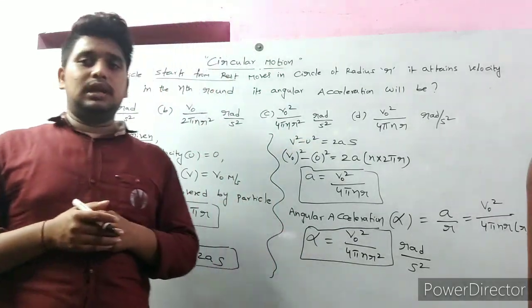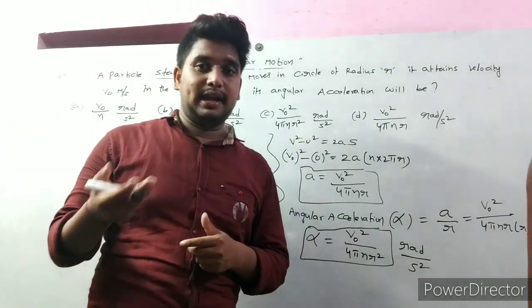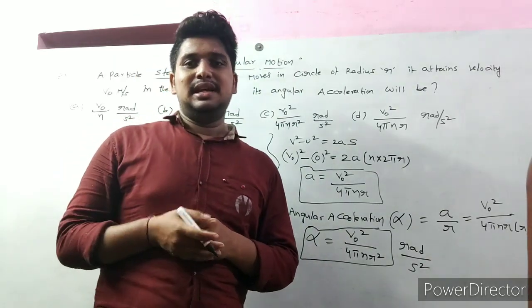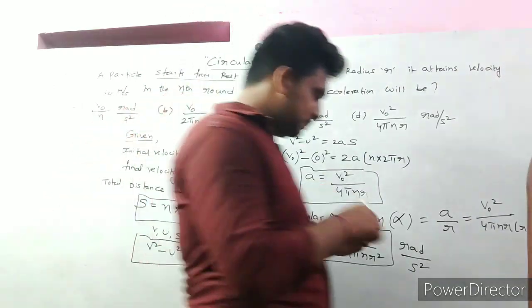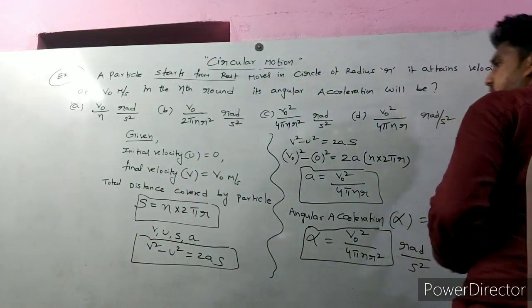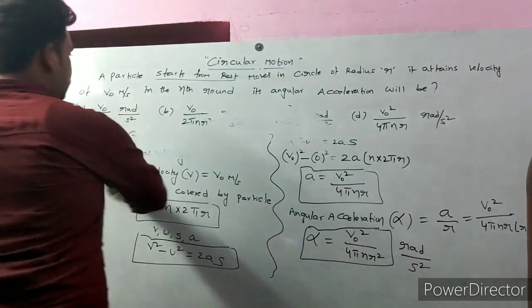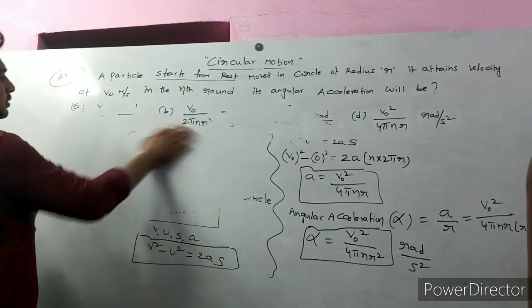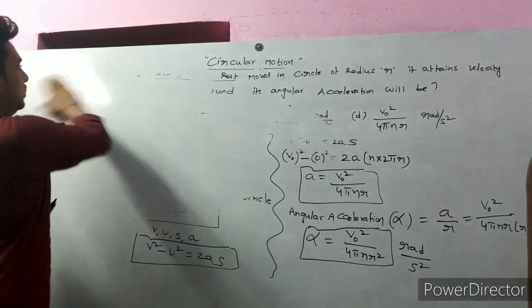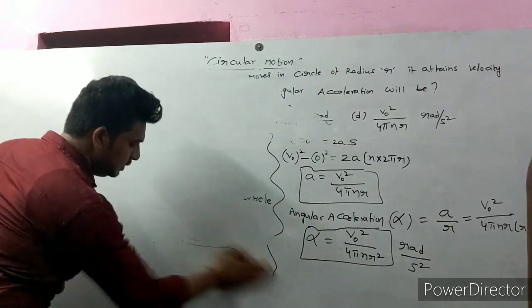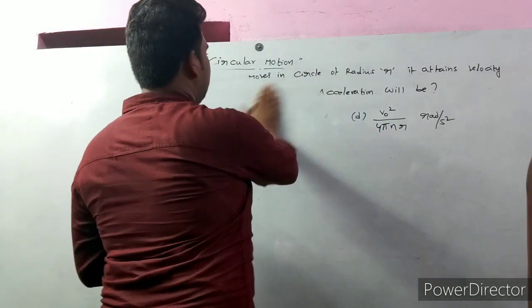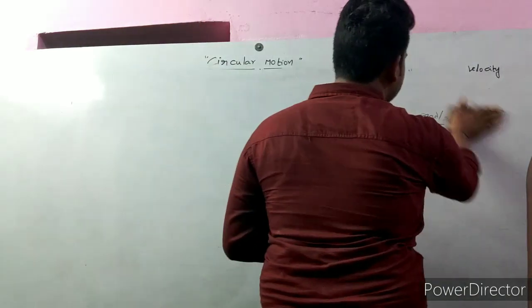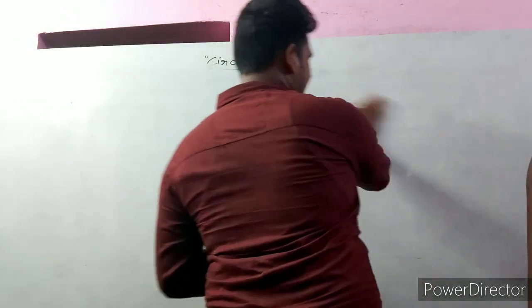Sometimes linear displacement is given, and we have to find angular displacement. Sometimes linear velocity is given, and we have to find angular velocity. I will explain in a few minutes. Please watch the previous lectures for better understanding.